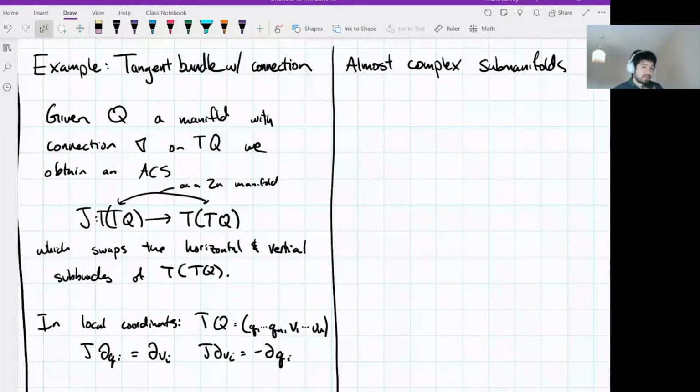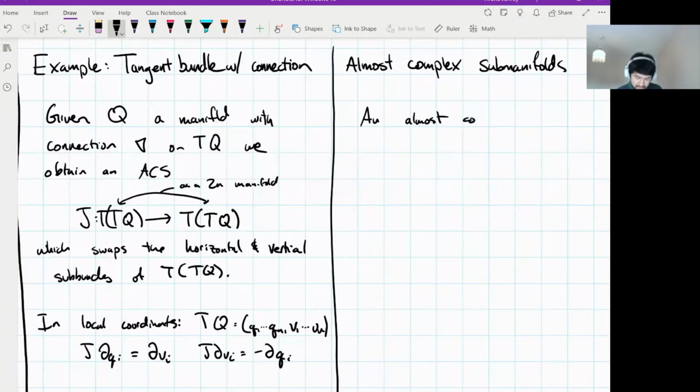Now, just as we had before some interest in a very special submanifold on the symplectic side, there are preferential submanifolds on the complex side, which are almost complex submanifolds.